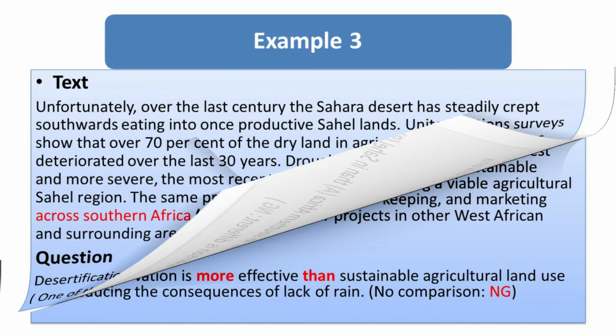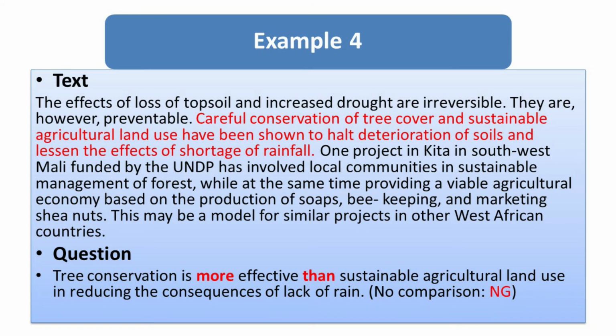In the last example, the question says tree conservation is more effective than sustainable agricultural land use.